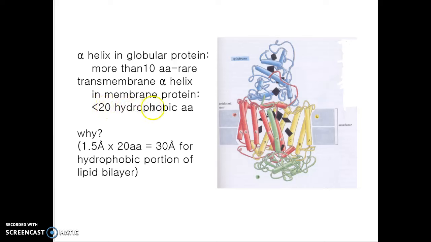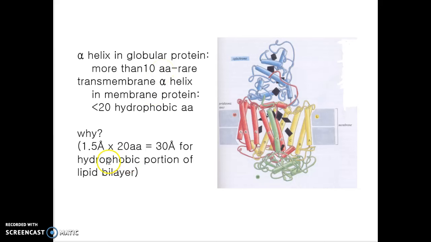More than 20 hydrophobic residues in a row highly likely make a transmembrane alpha helix. There are two reasons. First, an alpha helix in a globular protein usually has less than 10 residues.